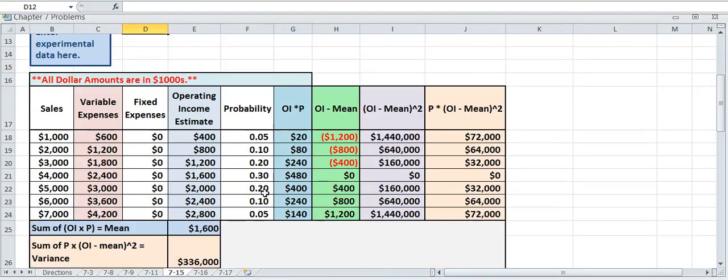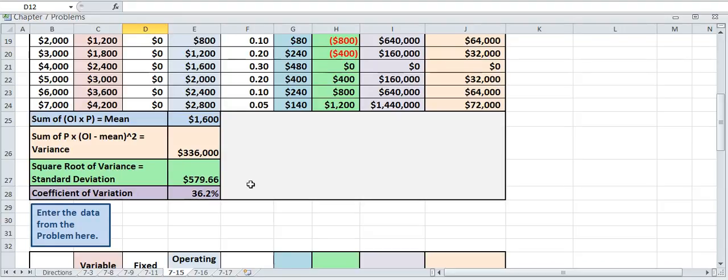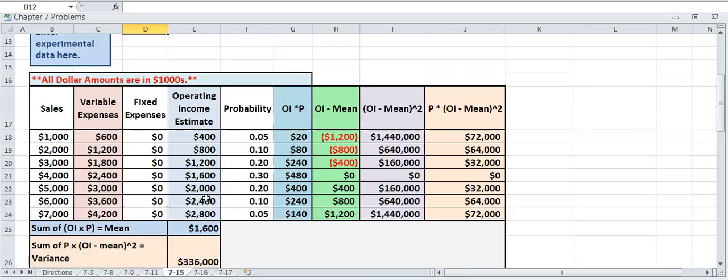Business risk is measured by a variable called the coefficient of variation, and that is a measure of the volatility of your operating income. That's going to be directly related to the volatility of your expected sales.